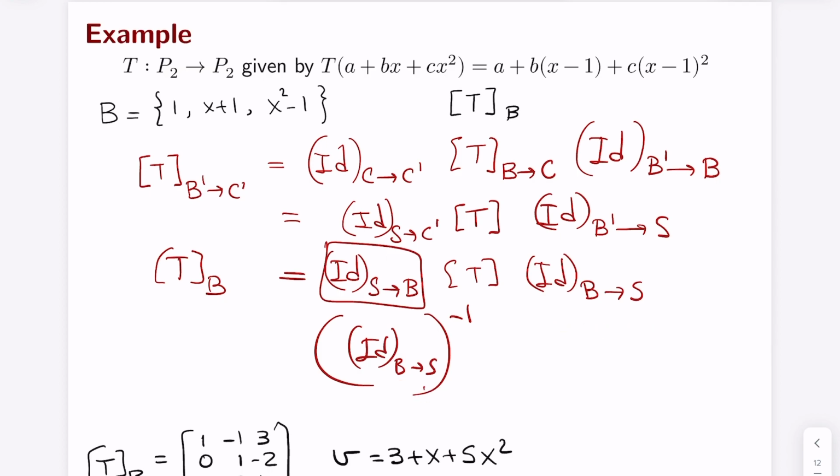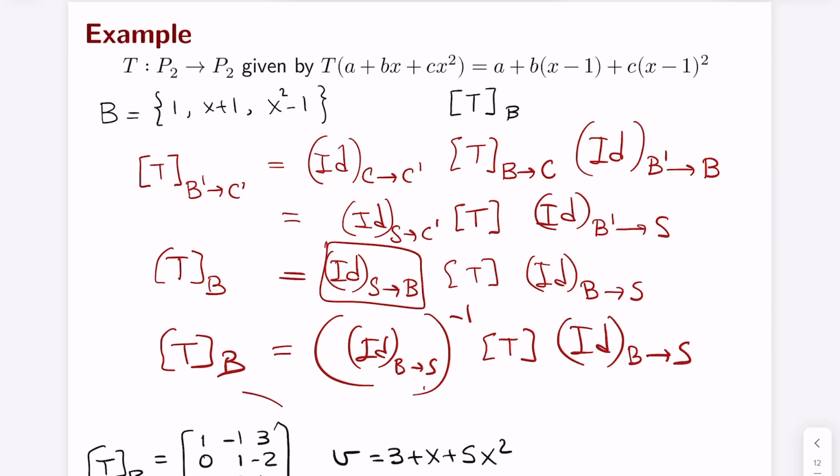Okay, so let's write down that, and we are going to have that this is the final formula that we will use. So this matrix, this one, that we have calculated previously by hand, right? But now by changes of bases, this matrix is going to be equal to this.